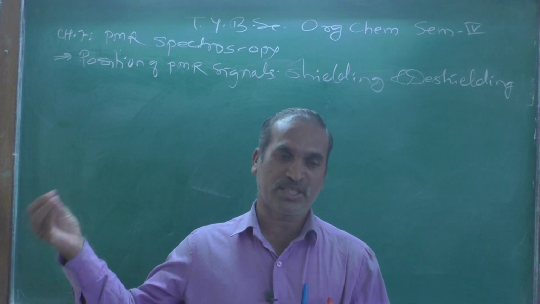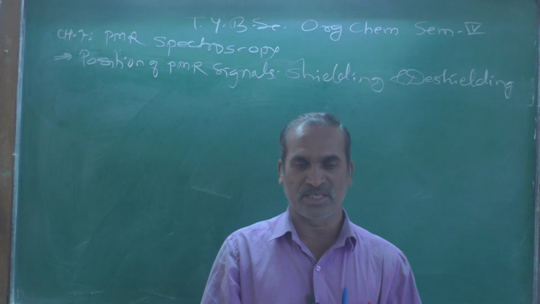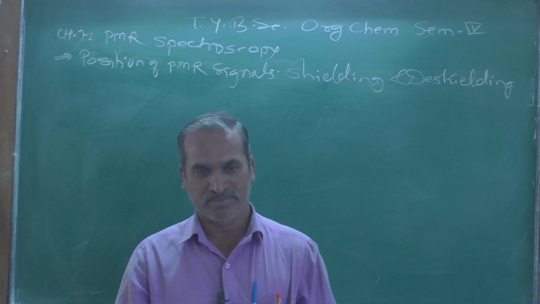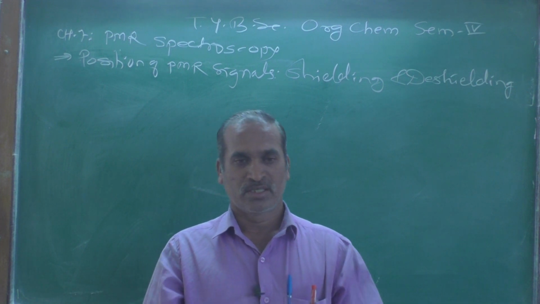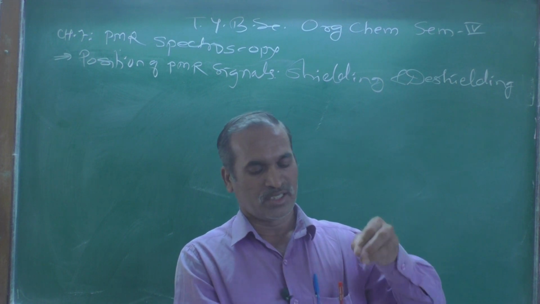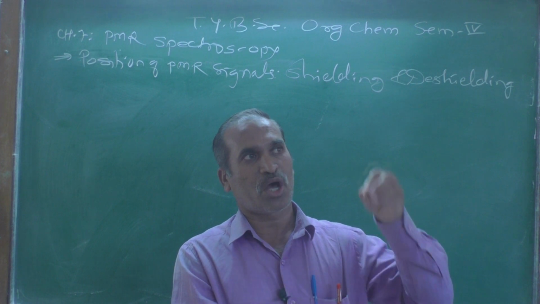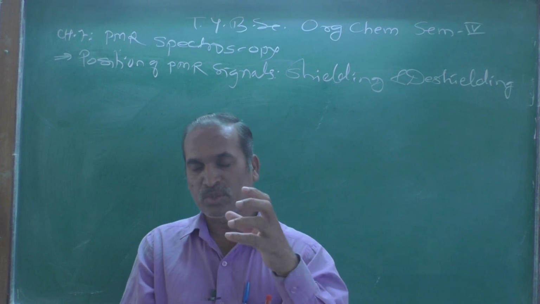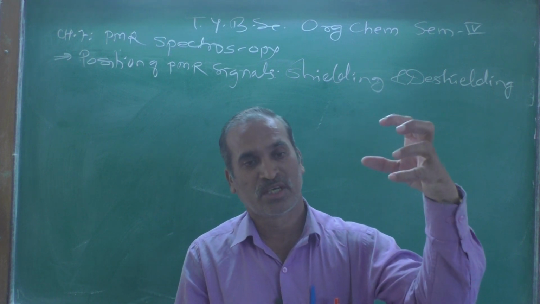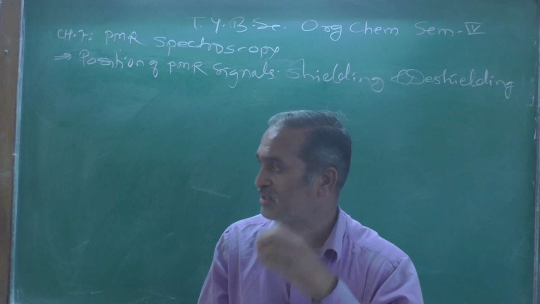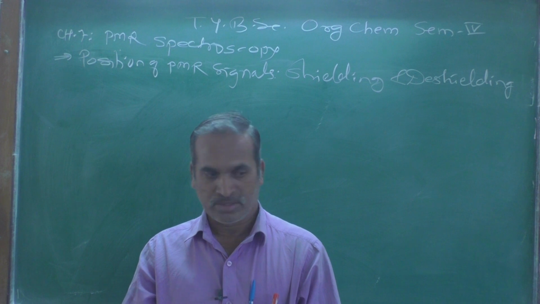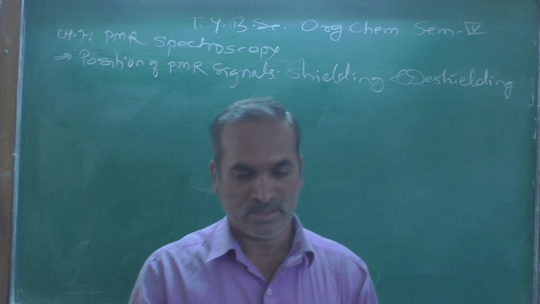And if electron donating groups are present, meaning electron releasing groups, when they release the electron, electrons surround that particular nucleus of the hydrogen atom, that nucleus gets shielded, and that type of proton is called a shielded proton.